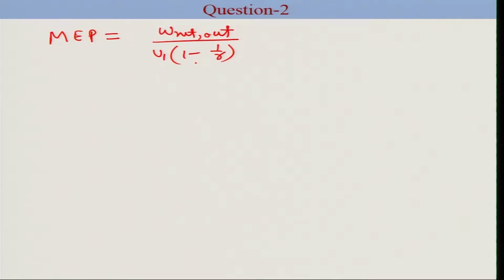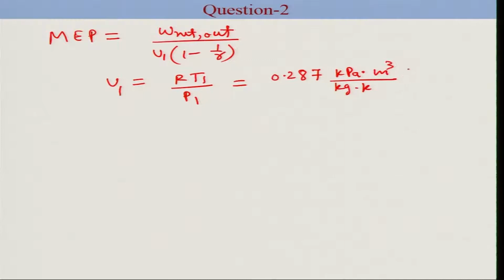So since we do not know initial volume, using the ideal gas equation of state, we can get P1 v1 equal to R T1, with R equal to 0.287 kilopascal meter cube per kg Kelvin, times initial temperature, and P1 is 95 kilopascal.